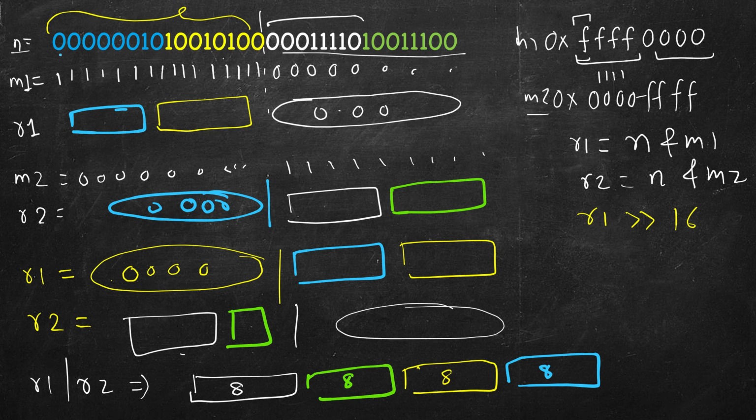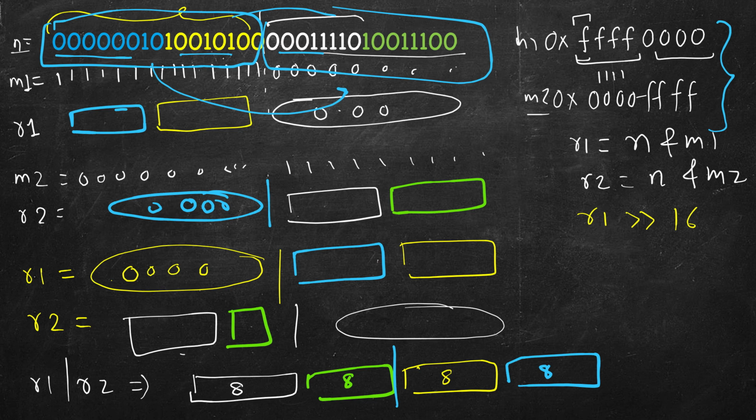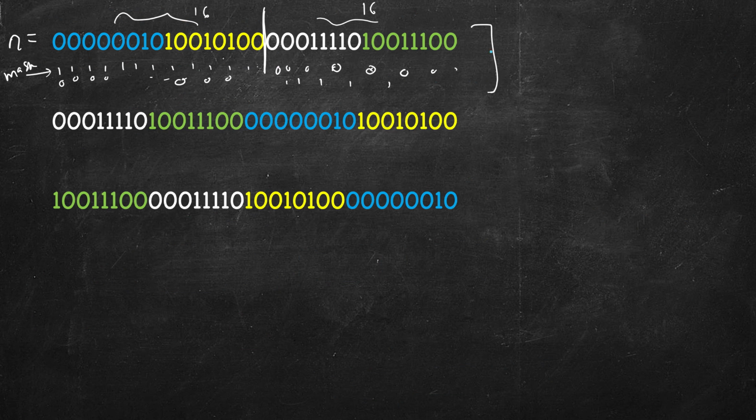And in the input we had blue, yellow, white, green. So here we have white, green, blue, yellow. So 16 bits have flipped. So this is how we can reverse bits in groups. So here we first reverse this half, take this half as it is, move it here, take this half as it is, move it here. So this is the result after one iteration.